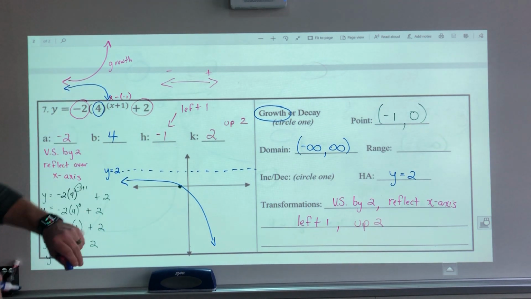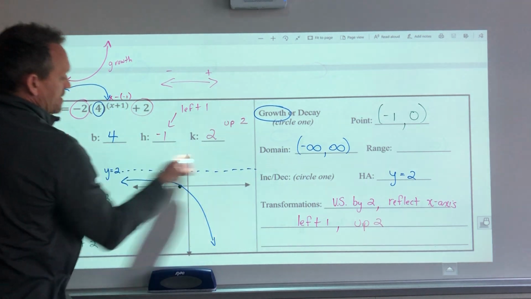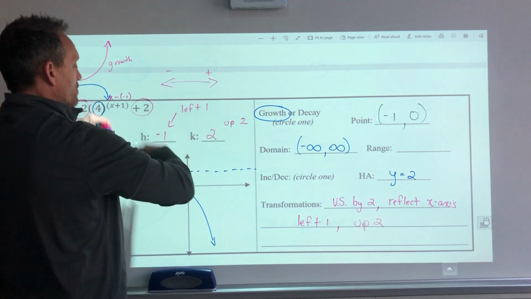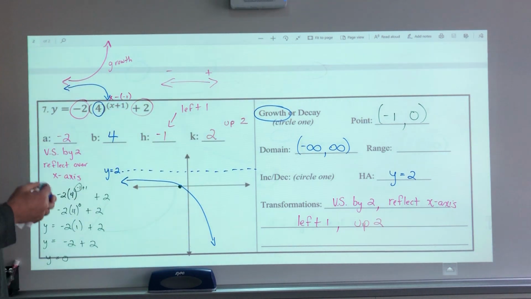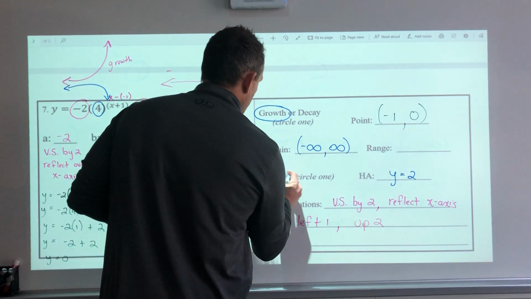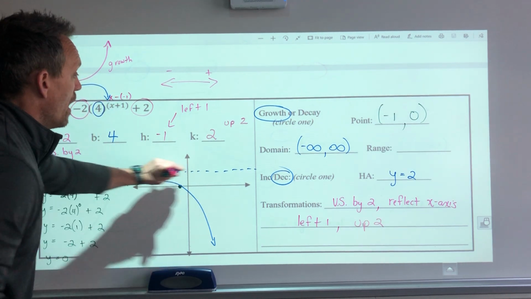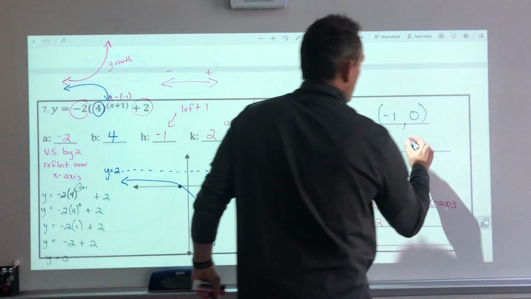It's going to be under it because it's been reflected over this asymptote, if you will. Instead of being on top of it, going up, it's on the bottom of it. So now we can read our increase, decrease from left to right. It is decreasing. And our range is going from -infinity up until it hits that asymptote of +2.